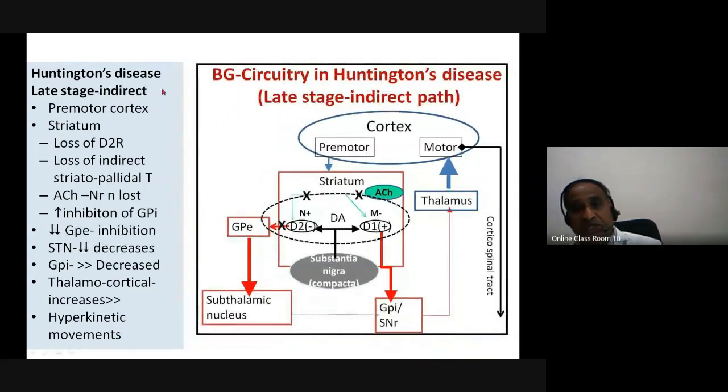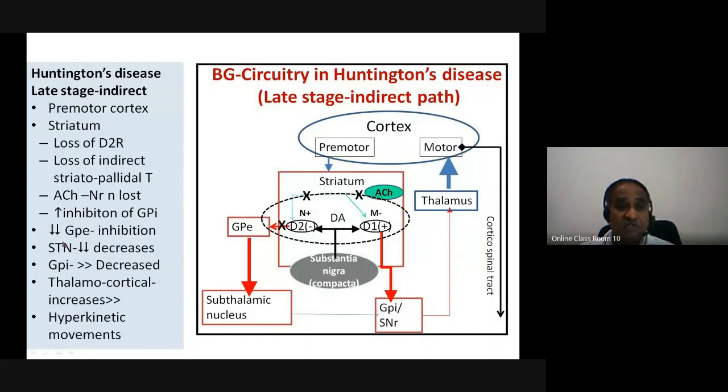Then what happens to the indirect circuit? Here in the striatum, there is a loss of the D2 receptors or a loss of these neurons. Plus, there is a loss of the cholinergic neurons controlling the muscarinic receptors on the D1 receptors, and nicotinic receptors on the D2.